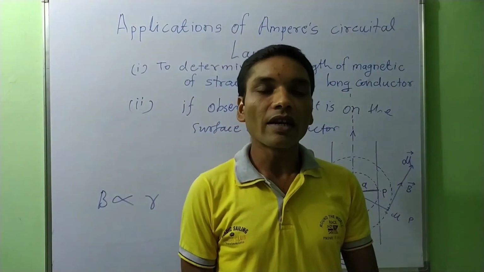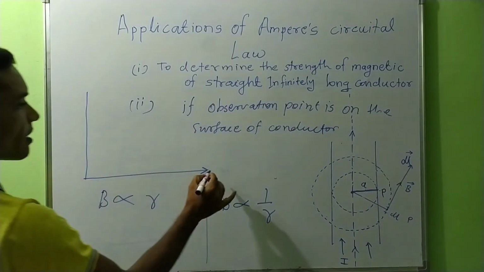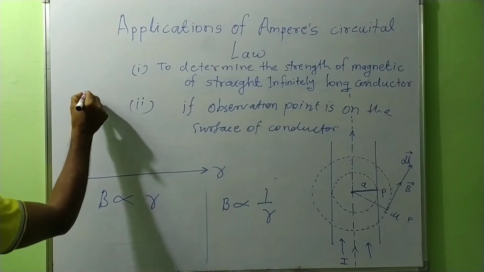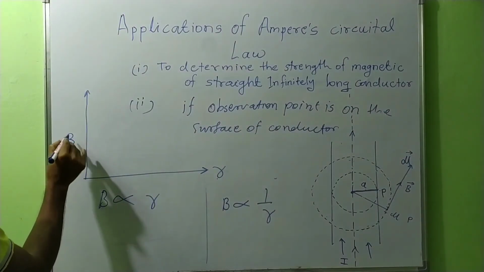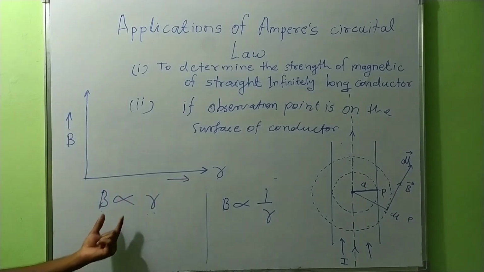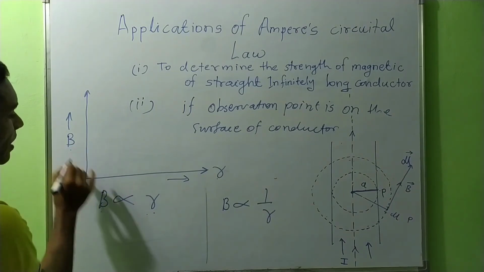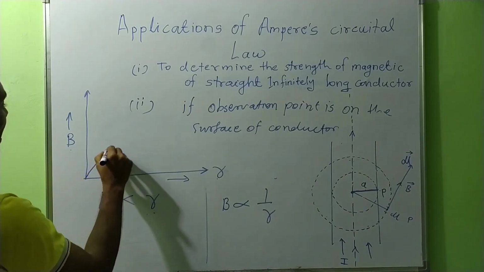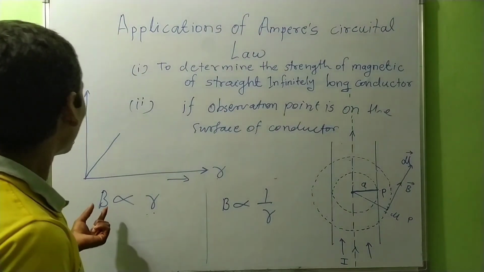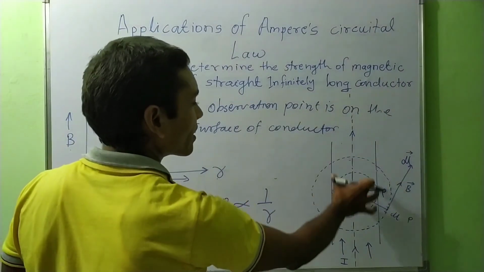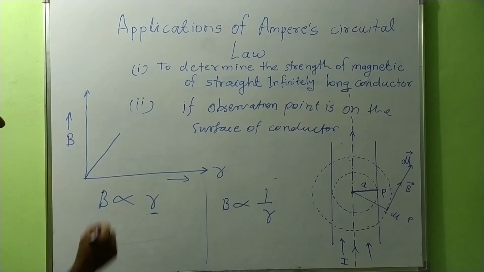Now what will be the graph between distance and the magnetic field? Let this be the distance axis r and this be the magnitude of magnetic field axis B along this direction. B is directly proportional to r, which means the graph between B and r will be a straight line like that. Here the conclusion is that the magnetic field inside the straight current carrying conductor is directly proportional to the distance.